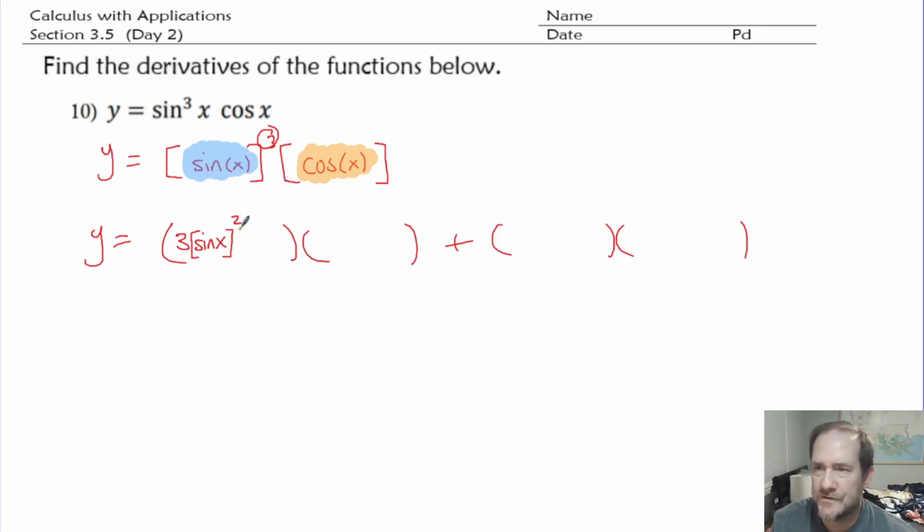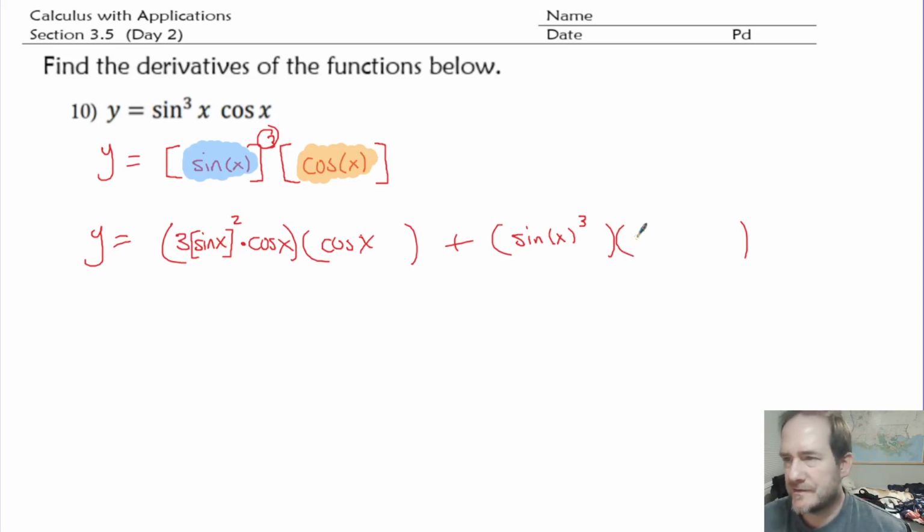We have to chain rule out the derivative of sine, which is another factor of cosine. But then we also have cosine, because cosine is our second function. So we now have another cosine. Then over here, we just bring down the sine of x cubed, and multiply by the derivative of cosine, which is negative sine of x.